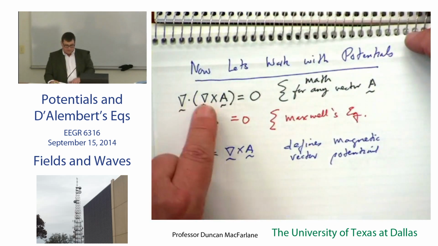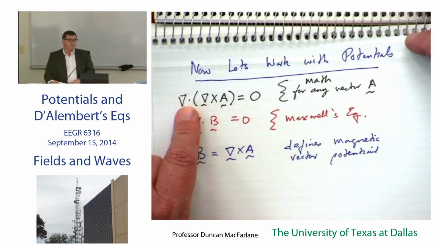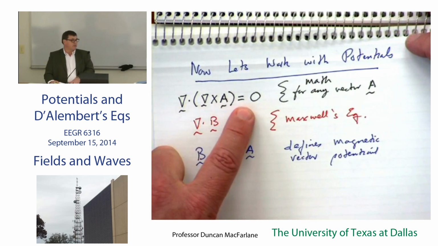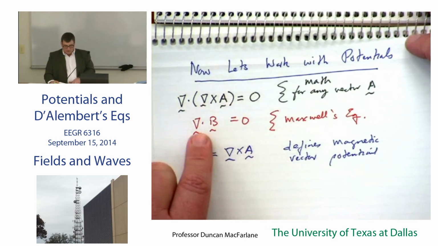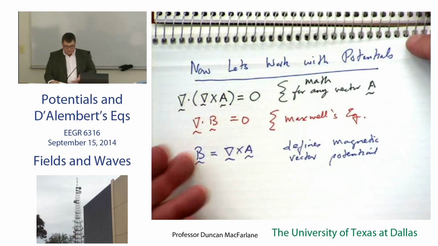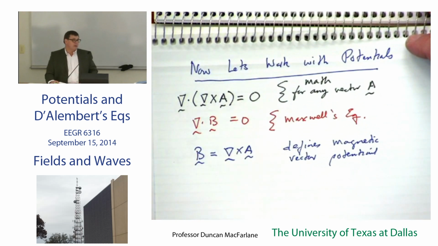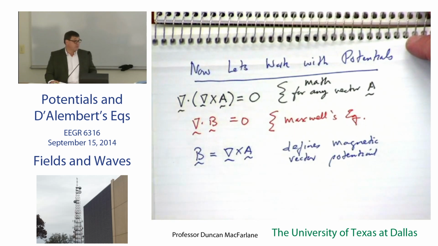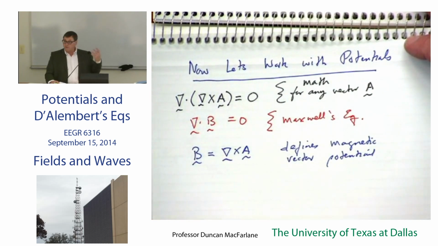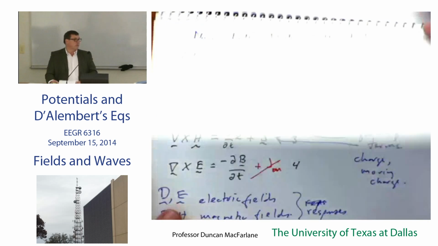The first thing we did was we said, okay, there's a vector identity. The divergence of the curl of any vector A is always equal to 0. And we know that the divergence of B is equal to 0. So if I say B is equal to the curl of A, and I use that to define the magnetic vector potential, one of our two potentials that we're going after, then I introduce an A with all the degrees of freedom in there, and I always satisfy one of Maxwell's four equations.